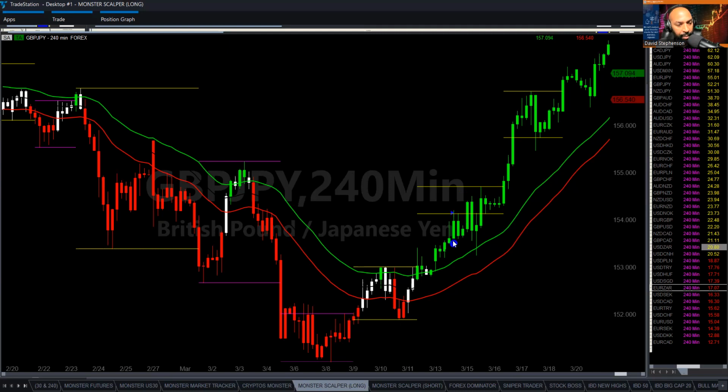This signal here by the system didn't come in until here. So we didn't get it here. It came in here. Sometimes it'll come in right on the break, on close above resistance. Sometimes we might get it right in this area here. But technically we need a break and close above resistance or below support.